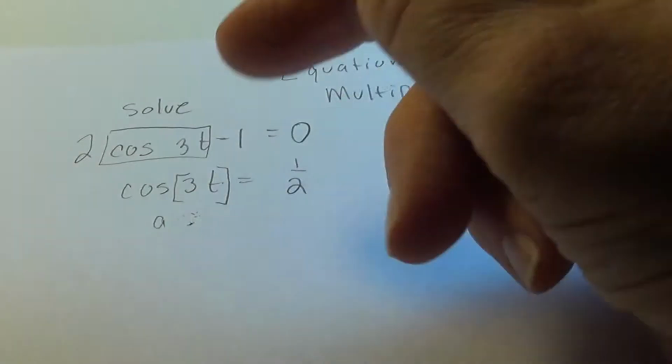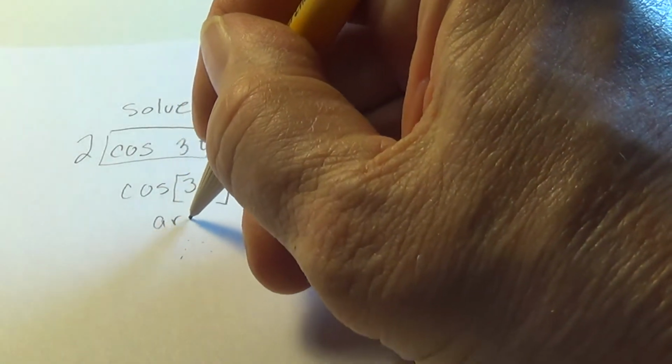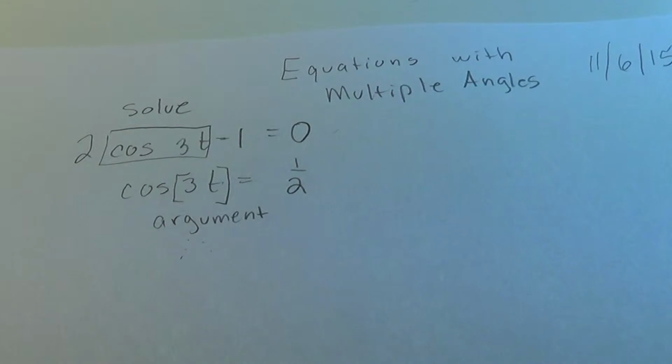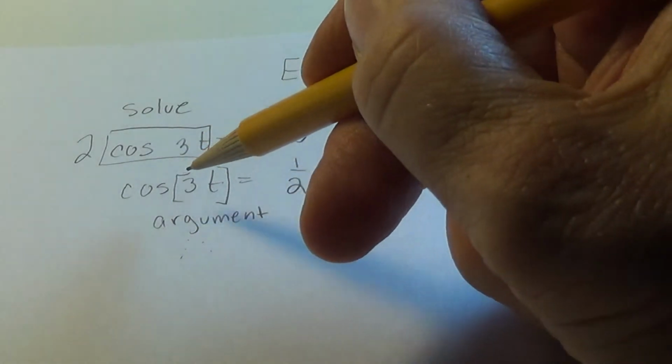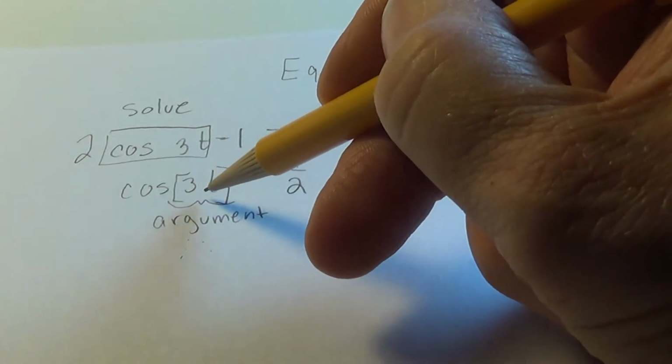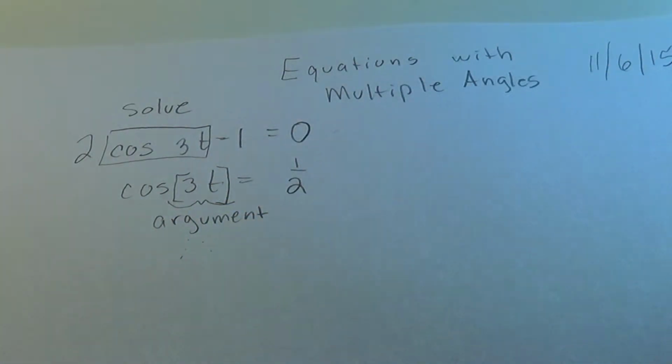This is called the argument. And it's the only kind of argument we're going to be allowed in my class. So this kind of argument is that to which the function is applied. So the cosine is applied to 3t. 3t is the complete argument.